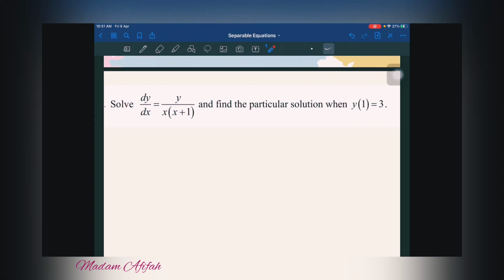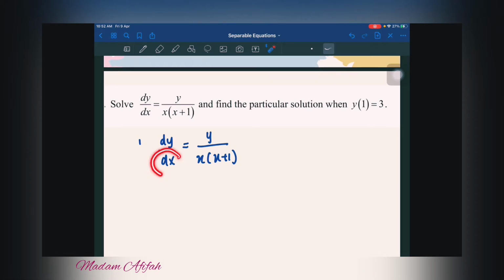By using separable equations, the first step is to separate the two variables: y with respect to dy and function x with respect to dx. In this case, you will have dy/dx equals y over x plus 1. As you can see, this is very straightforward.